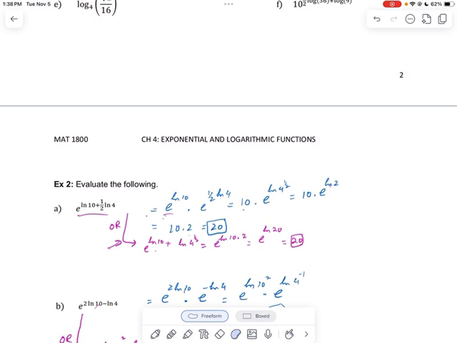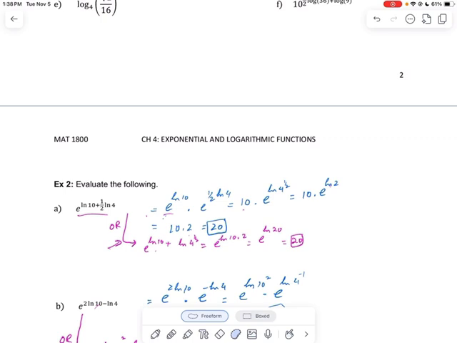One way is to split the sum into a product because of the exponent property, and then use our properties or laws of logarithm. So the answer is 20.